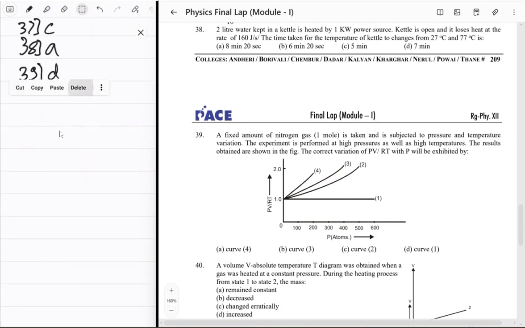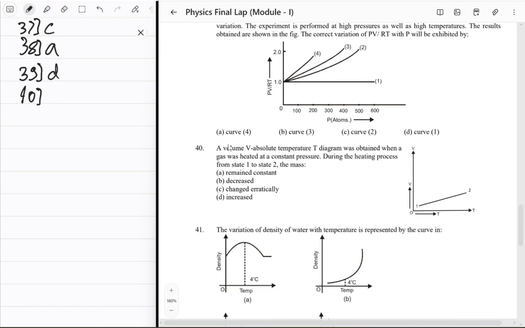We don't have time. Next. Question 40: a volume V versus absolute temperature diagram was obtained when a gas was heated at constant pressure during the heating process from state 1 to state 2. It's going from 1 to 2, volume versus temperature is given. What do we do? Mass remains constant. We are heating the gas and going from there to there. What about the mass? Okay, so it's an ideal gas.